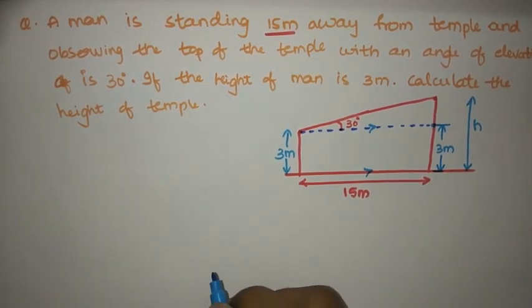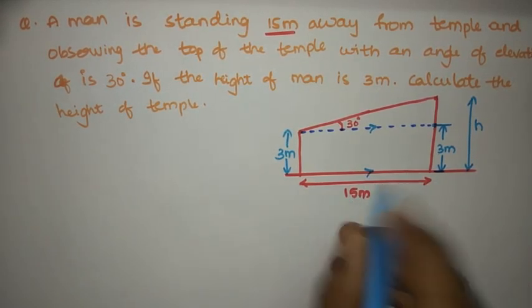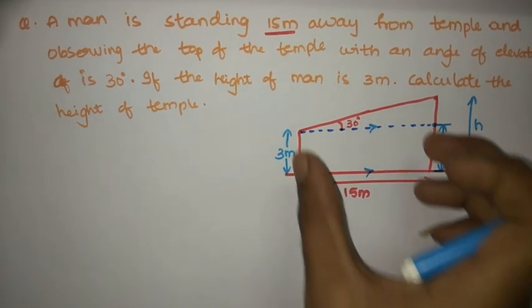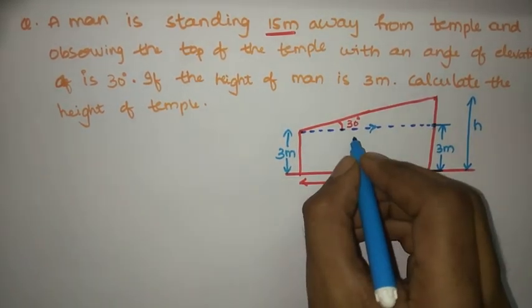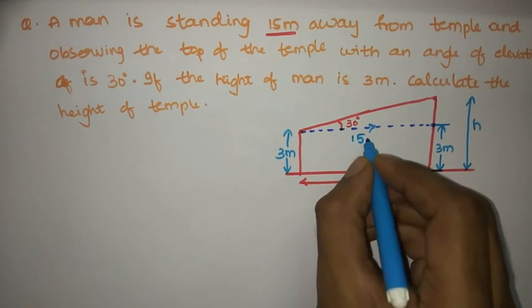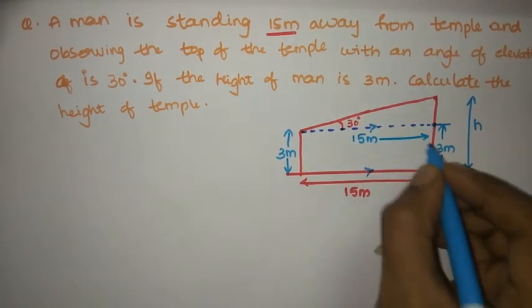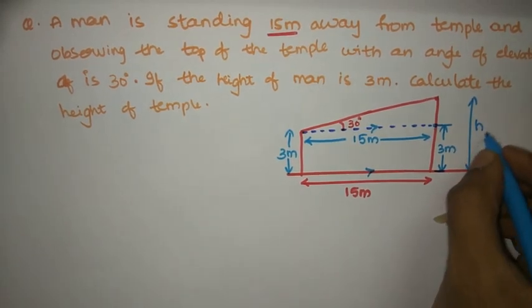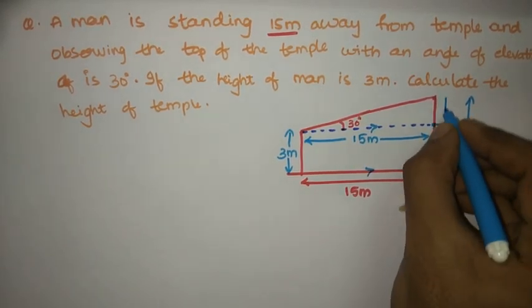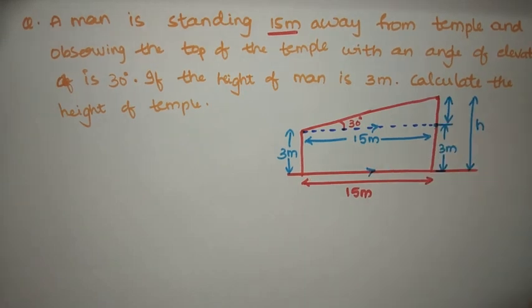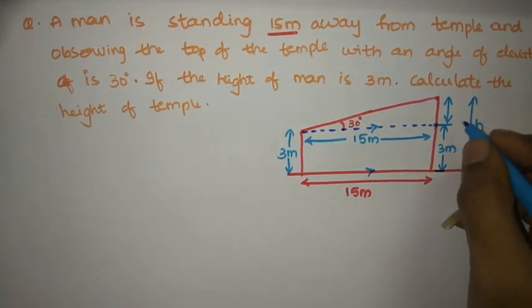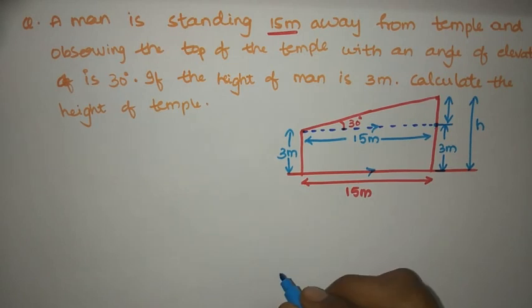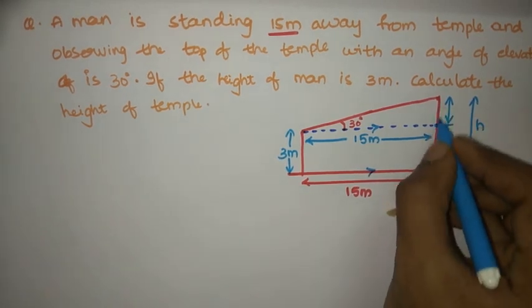And if this length is 15 meters, this length will also be 15 meters. Now to calculate this height, if you know this value and add these two, it will be the total height of the temple. So we need to know this height.